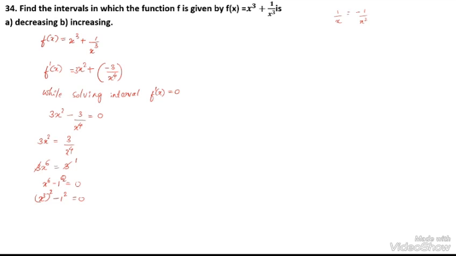While solving the equation, I can use the a square minus b square property, that is a plus b into a minus b. Here a means x cube, so x cube minus 1 into x cube plus 1 is equal to 0.